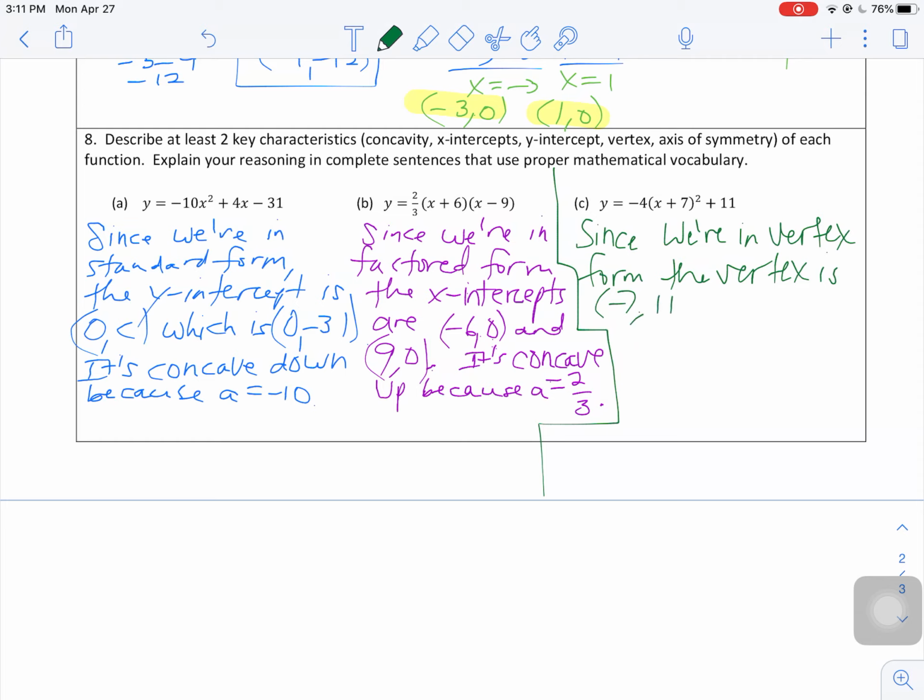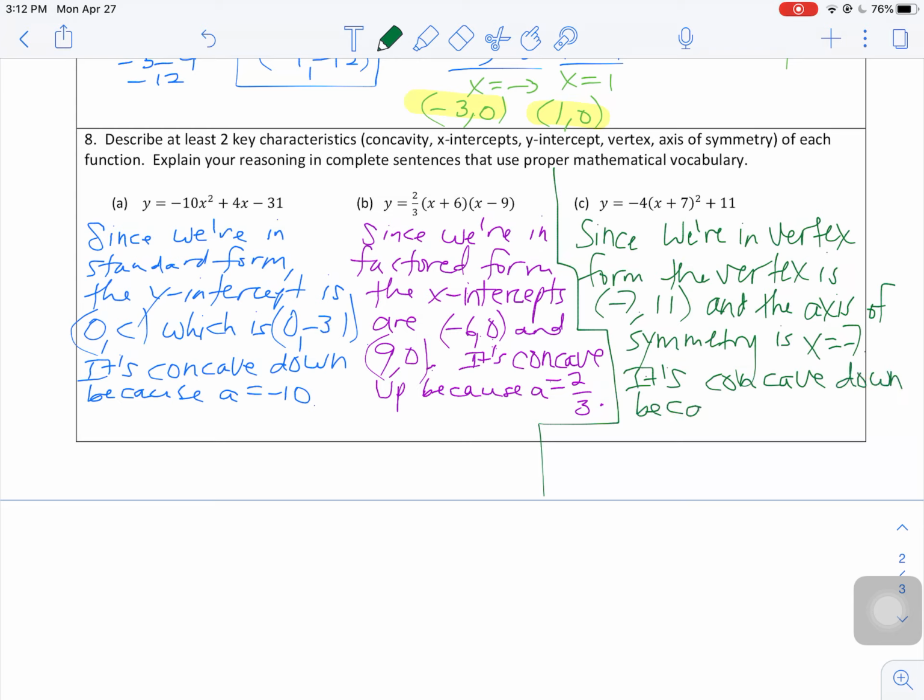So negative 7, 11, because the vertex is h, k. And if we know the vertex, we know the axis of symmetry. So the axis of symmetry is x equals negative 7. And then last but not least, concavity. So it's concave down because a equals negative 4.